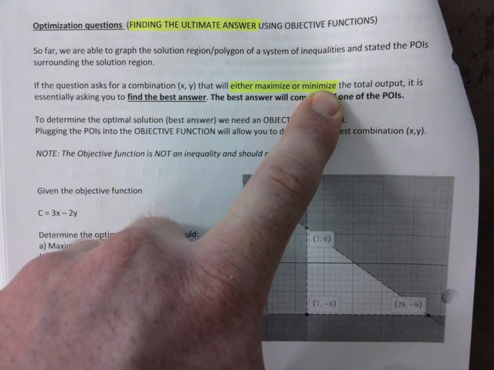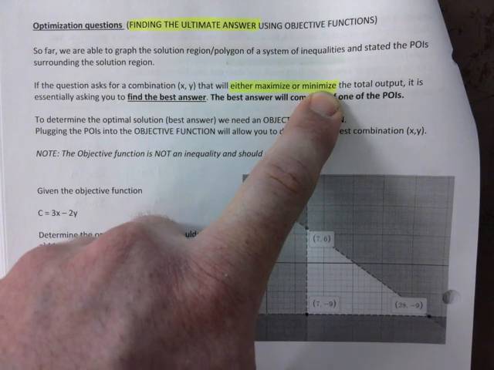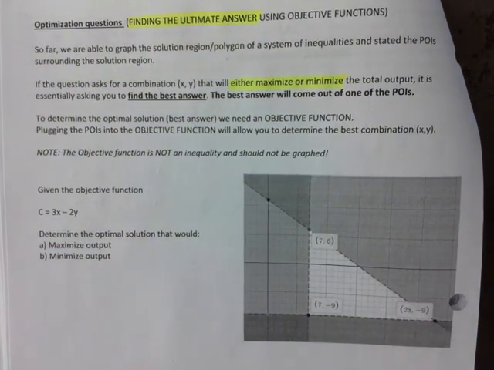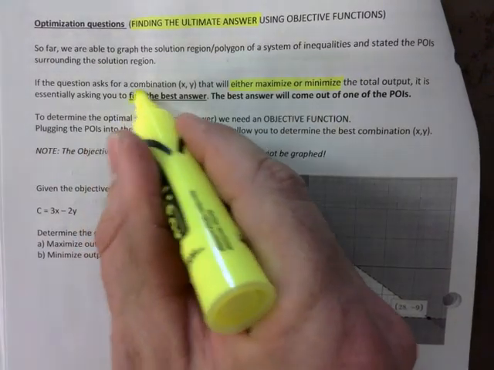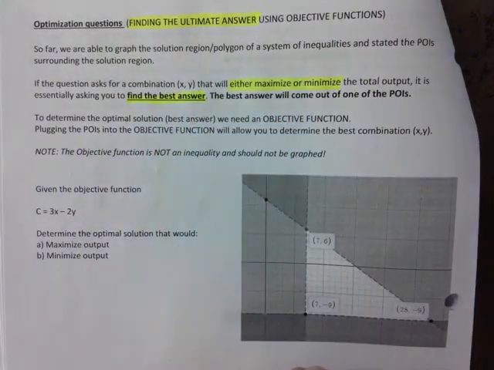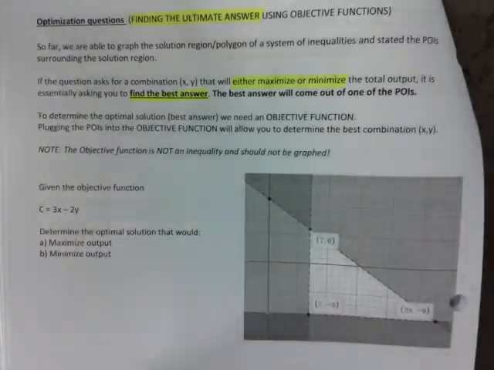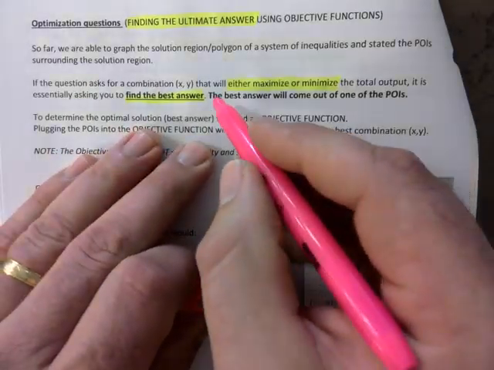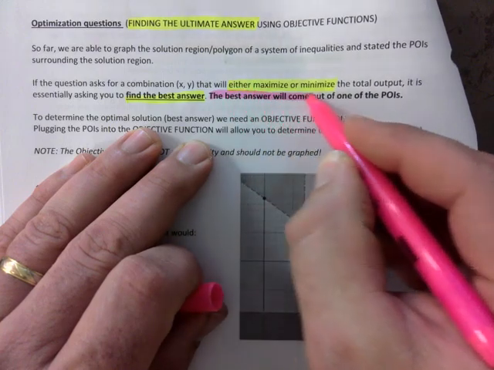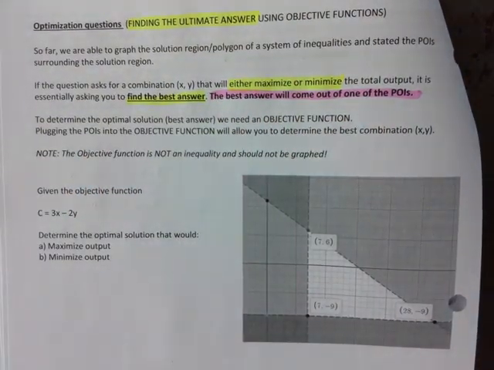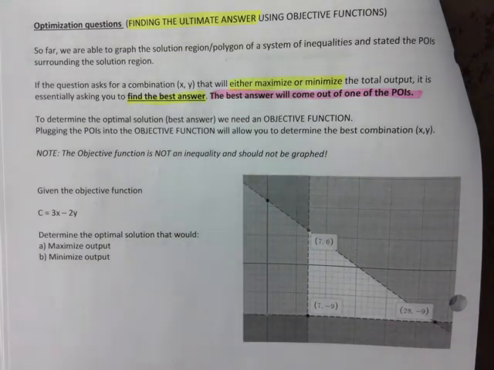How can I minimize my costs as a company to obviously make more money? It's basically finding the best answer. The best answer will come out of the POIs, points of intersection. The best answer comes from those. That's why I asked you to do that already, to find them.